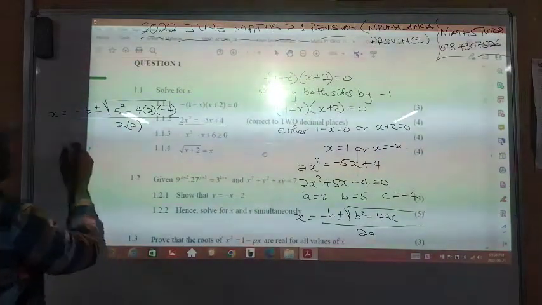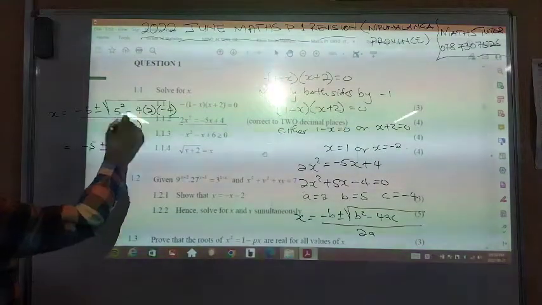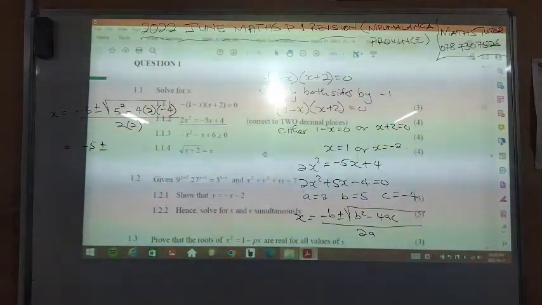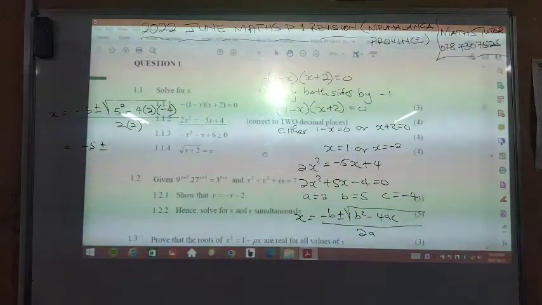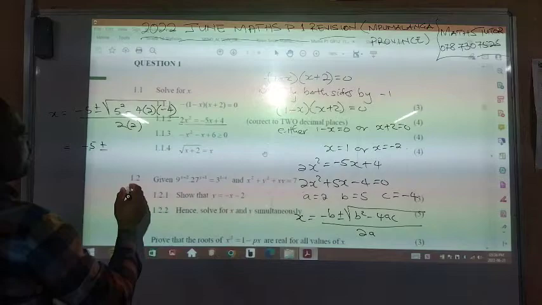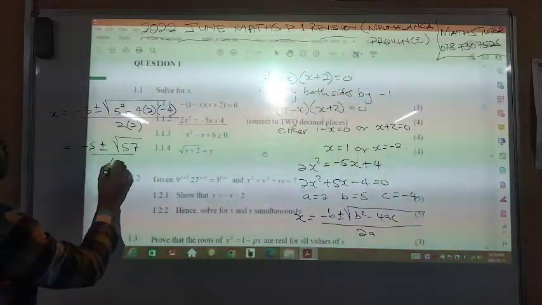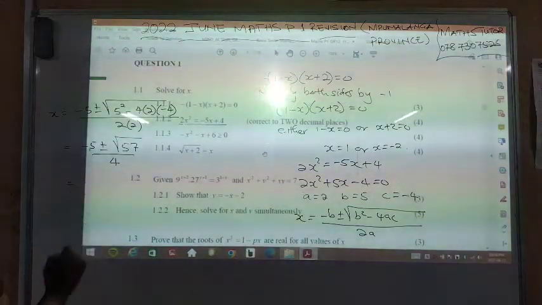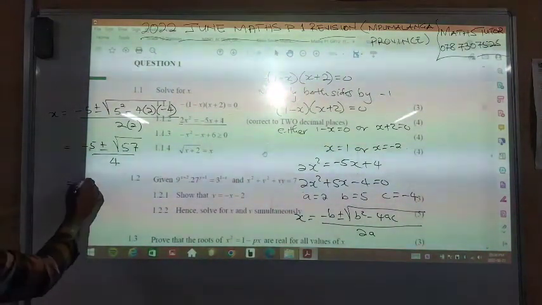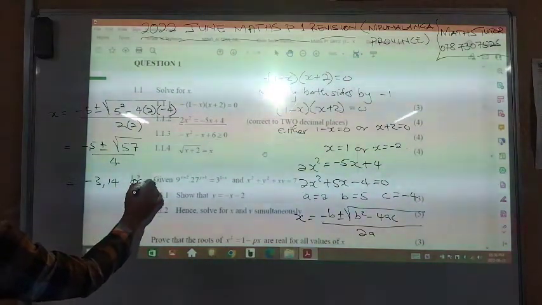That will be negative 5 plus or minus, and simplify what is under the square root. If you simplify that, it will give square root of 57 over 4. And then the answers to two decimal places will be negative 3,14 or 0,64.